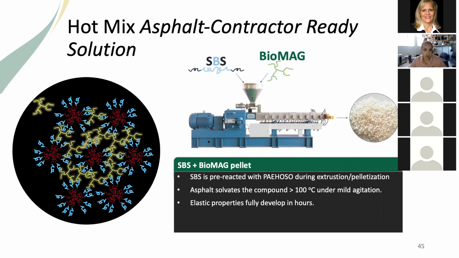So this product would be primarily targeted towards asphalt terminals that don't have the equipment to do high shear, high temperature blending, and also larger contractors that want to be able to formulate their own polymer modified pavements without permission from a terminal.